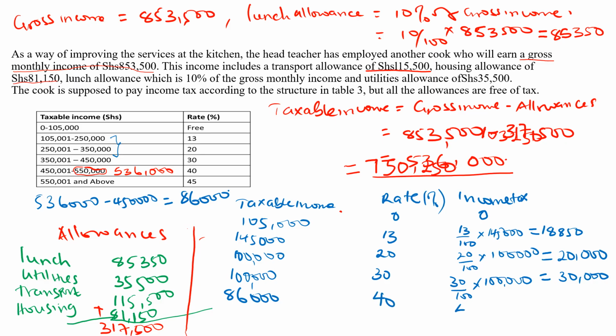So come here and you say 40 out of 100 times 86,000. And the answer that you get will be 34,400.